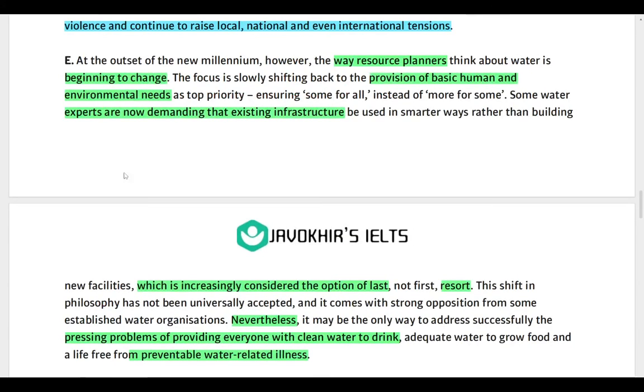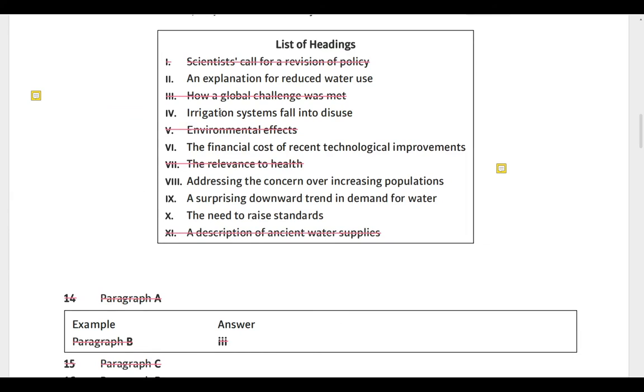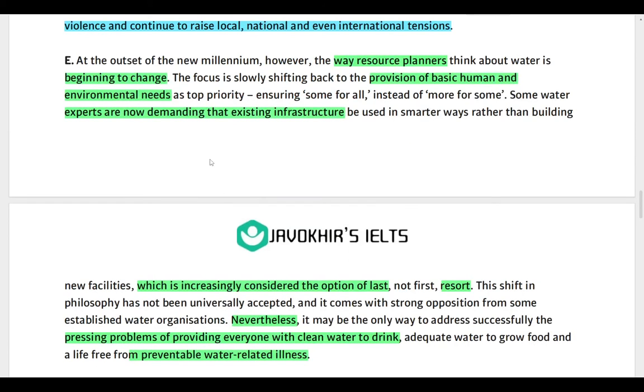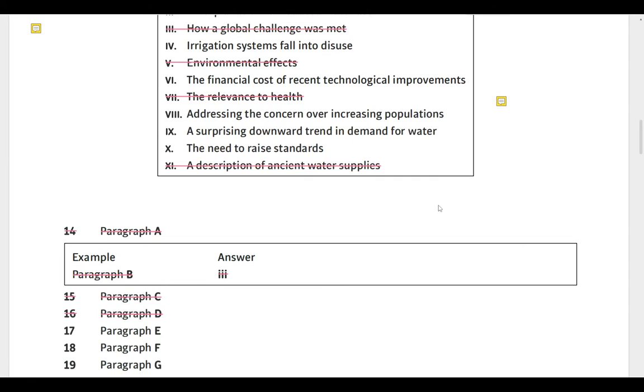Rather than building new facilities, which is increasingly considered the option of last resort. So scientists, in our case experts and resource planners, call for a revision of policy. They are demanding that building on existing infrastructure in a better way is the first option, rather than the last.